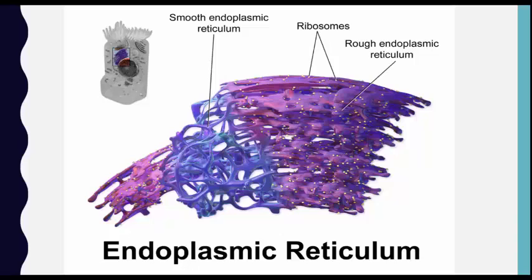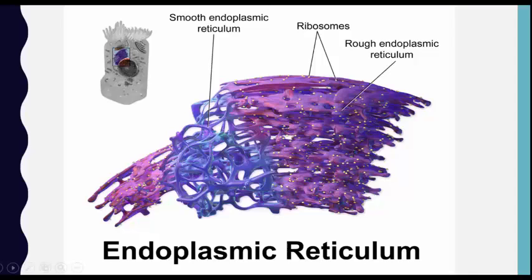As we see here, these are the smooth places, the smooth endoplasmic reticulum, and we see there is a big difference between the two forms, the rough and smooth endoplasmic reticulum, because the rough endoplasmic reticulum has many ribosomes, as we see these tiny yellow points here, and it's responsible for protein producing and also modifying.